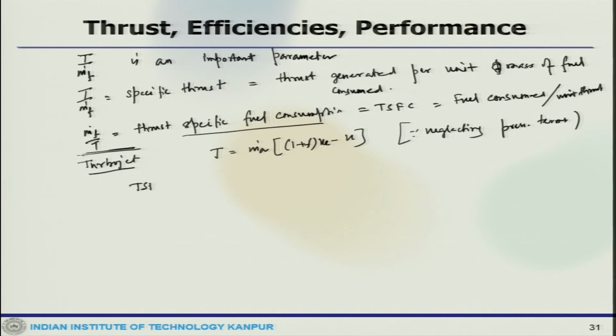So, our TSFC would be m dot F by T, which is m dot F by m dot A, 1 plus F, u e minus u.